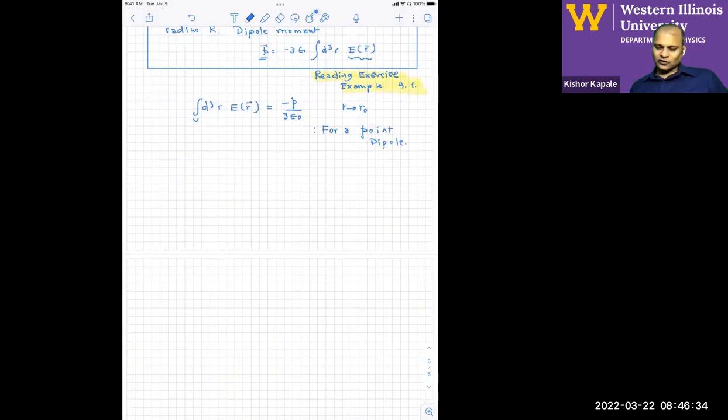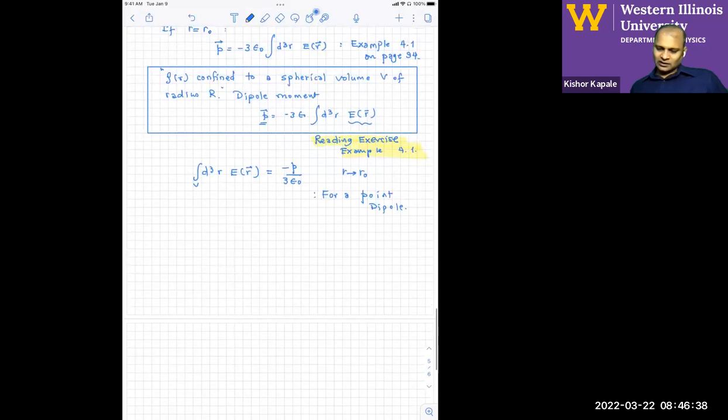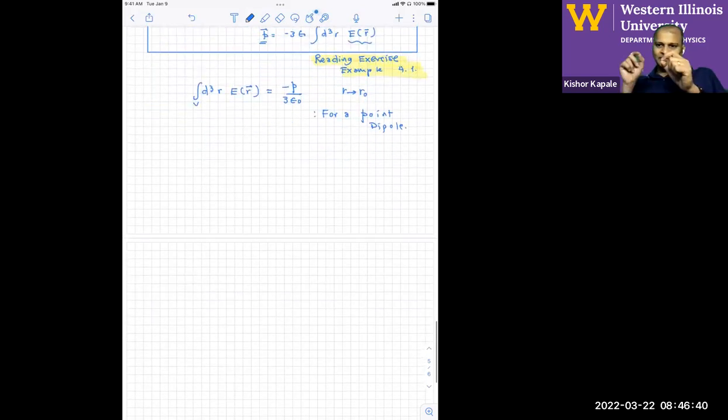This expression would be valid in both cases, and we are just taking R equal to R0, meaning we are very close to the charge locations when we are trying to find this position, right?